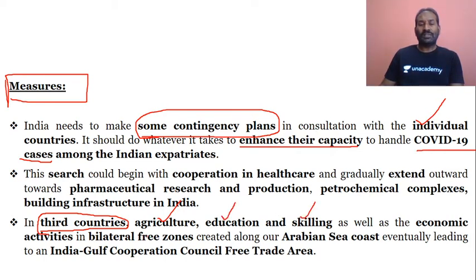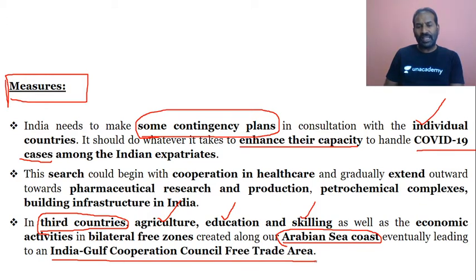so that the economic activities will further benefit India. They also have to get into jobs on the Arabian Sea coast, which will have a better opportunity in the India Gulf Cooperation Council Free Trade Area. So we can try to take the help of the India Gulf Cooperation Council Free Trade Area, that is the FTA.